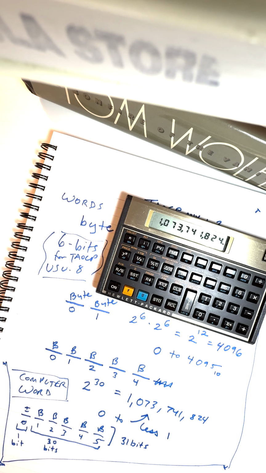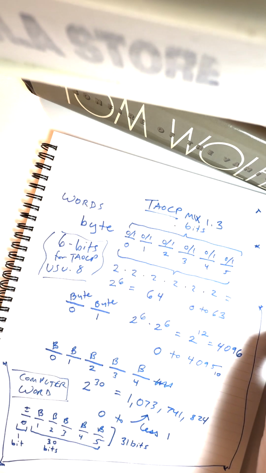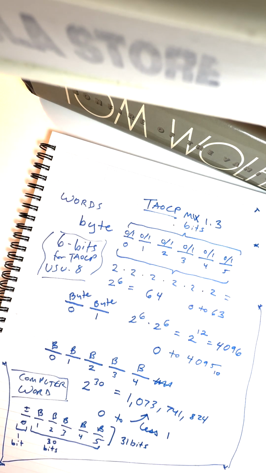That gives you about 1 billion positive values and about 1 billion negative values. So that is a computer word in the world of MIX. I think that's a good place to take a pause, and then we can move on to the next section, which is about registers.